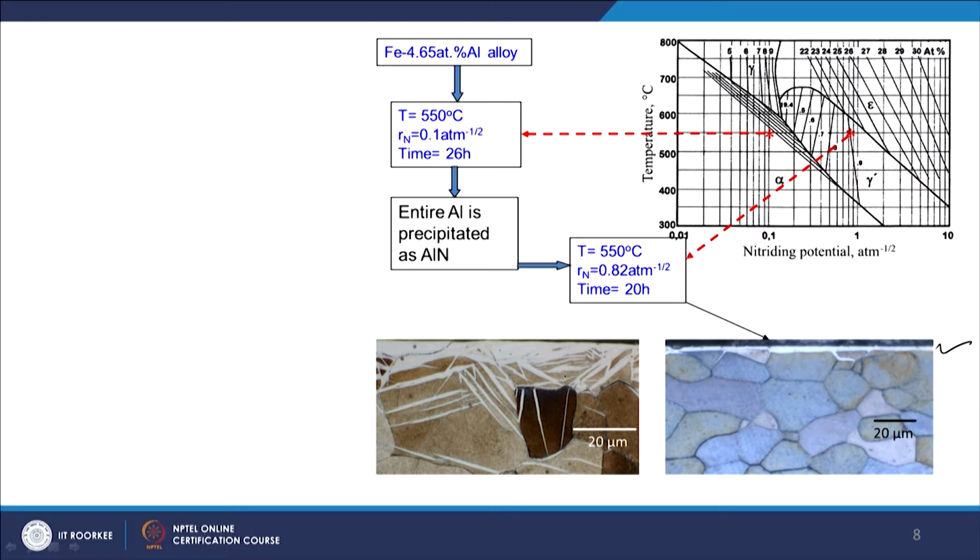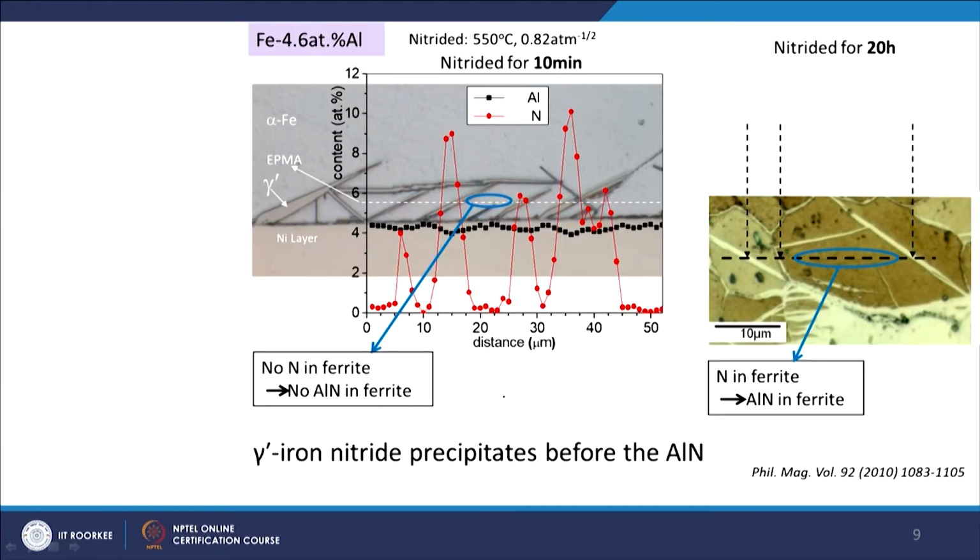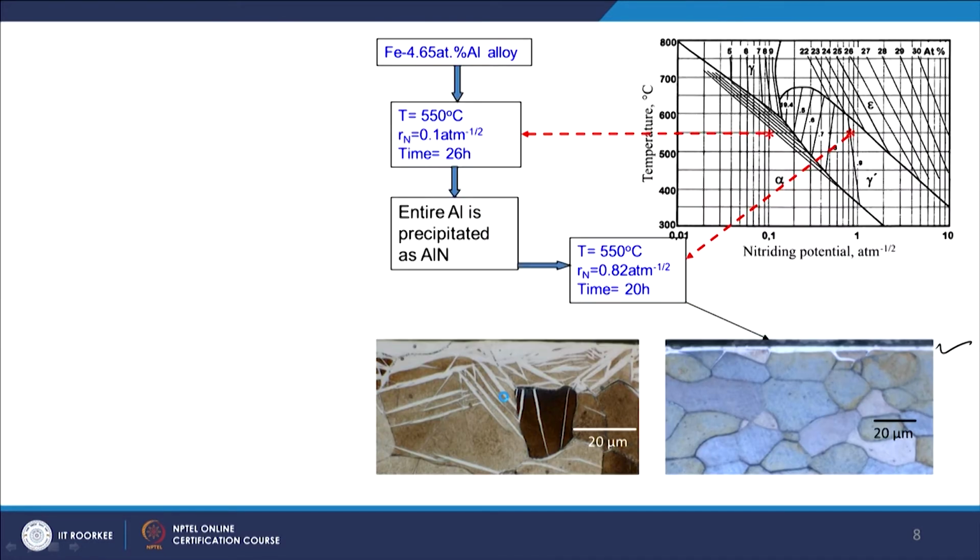Now, how can we understand this phenomenon? We need to see whether iron nitride in this case is developing before the aluminum precipitates as aluminum nitride or not.